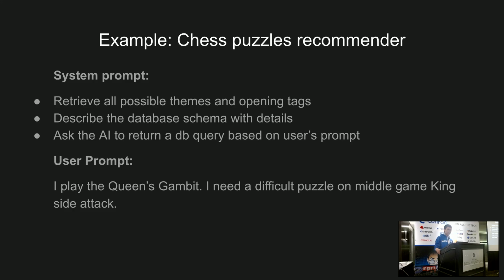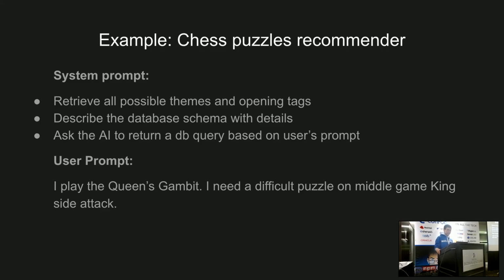And when I say it's a difficult puzzle, by the keyword difficult puzzle, it knows the chess ELO system very well. So from that, it will generate a filter on greater than, for example, 2,000 ELO here. And the middle game kingside attack can be two different theme tags, middle game and kingside attack.